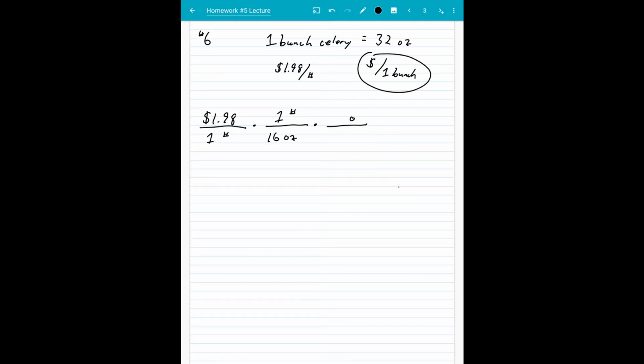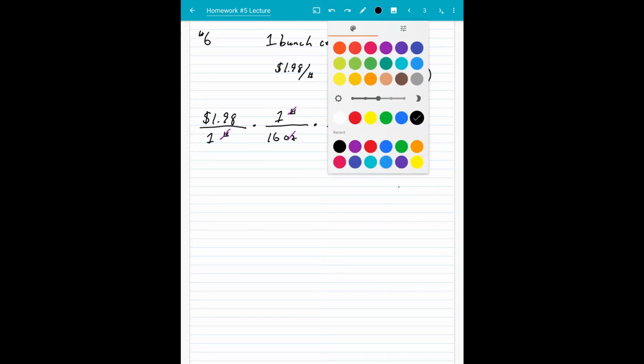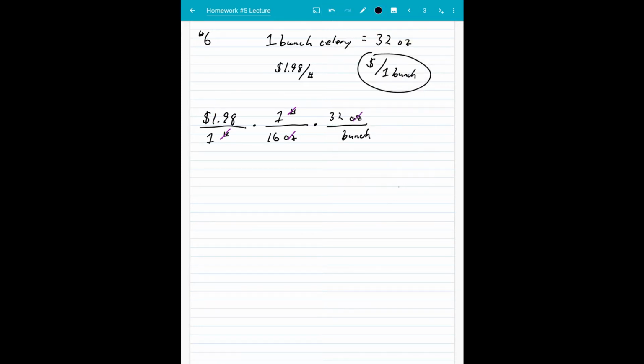We want to get rid of ounces and we're going to change it to bunch. Yes, it's not a formal unit of measurement, but it works. It can be an amount of something. And if we double check our unit conversions, the pounds cancel out, the ounces cancel out, we'll be left with dollars per bunch. So this would be 32 ounces per one bunch of celery.